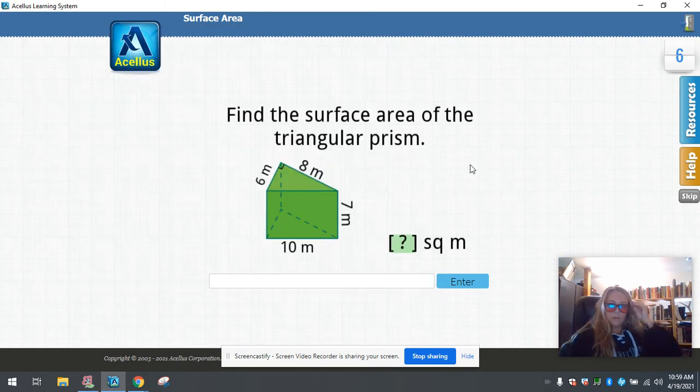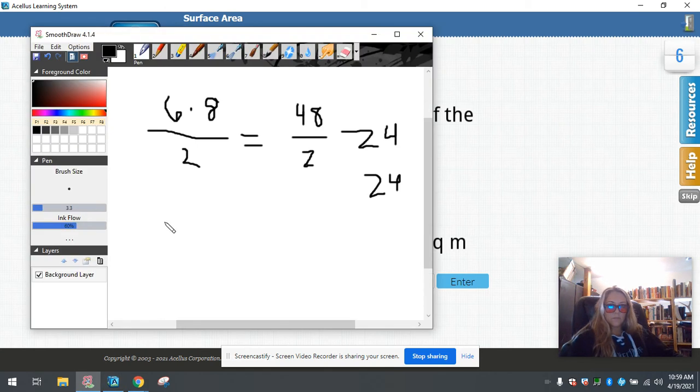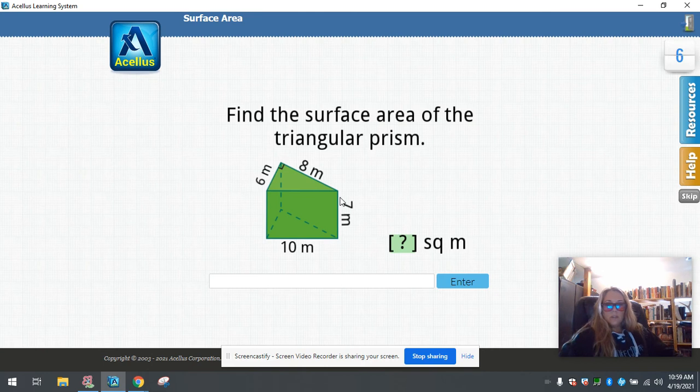Okay, now let's find the area of this front rectangle. We're going to go 10 times 7. 10 times 7 is 70. I'll list that area here. The back rectangle is going to be 7 by 8.